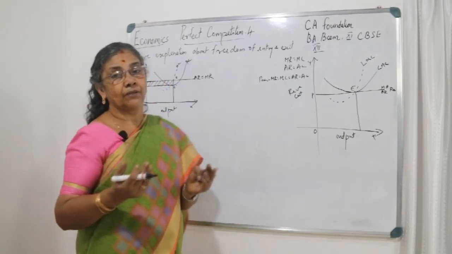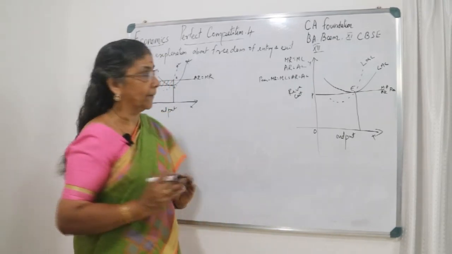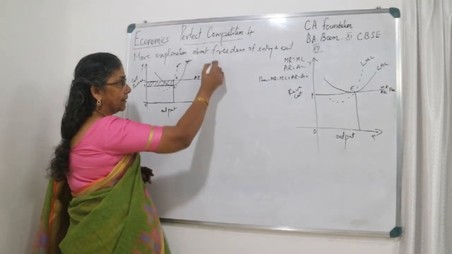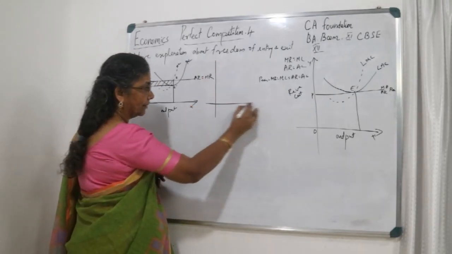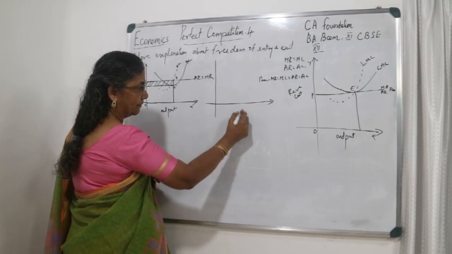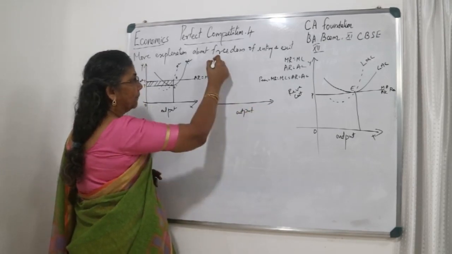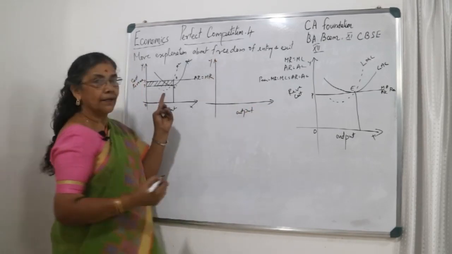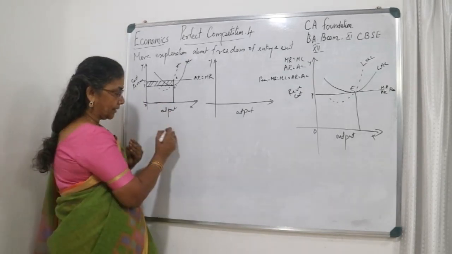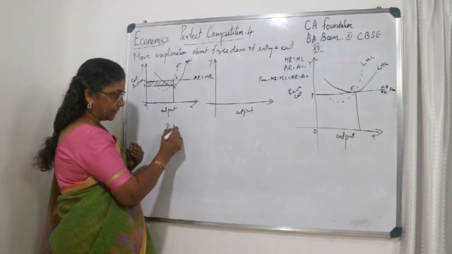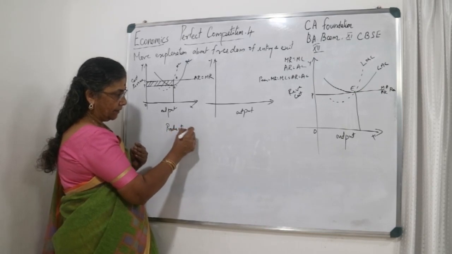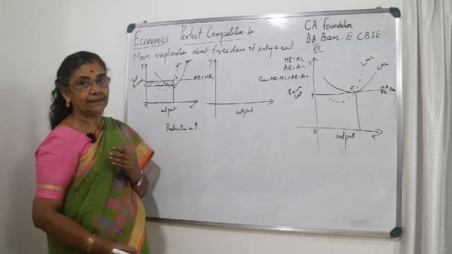So when the new firms are going to produce the same commodity, what will happen? We can explain that with the help of a diagram. New firms are entering, which means production of, suppose it is production of X, will increase.